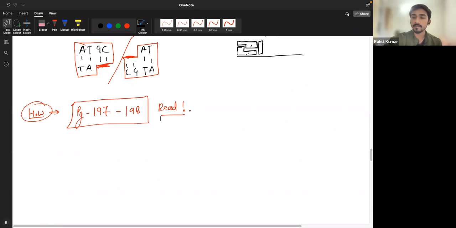When we were studying the human genome project and DNA fingerprinting, I told you about two vectors, bacterial artificial chromosome and yeast artificial chromosome, BAC and YAC. We'll talk about them also. And then we will go for PCR in the next class.